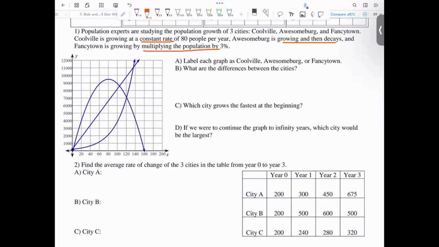So Coolville is going to be this linear graph here. And then Awesomeburg grows and then decays. So that is our parabola. It goes up and then it comes back down. Anything that talks about growing and decaying, or if it goes up in the air and then comes back down, that's going to be a parabola.